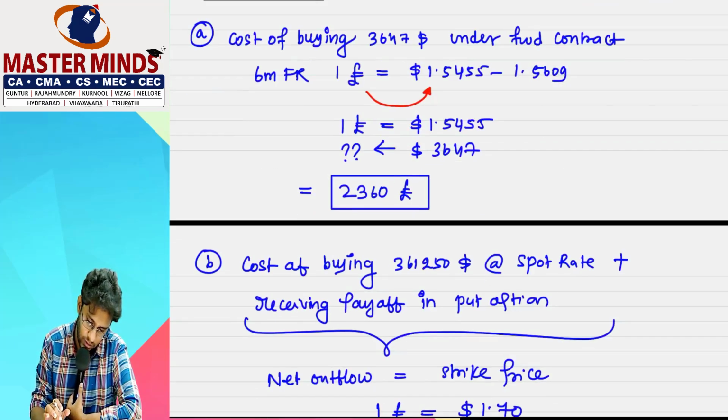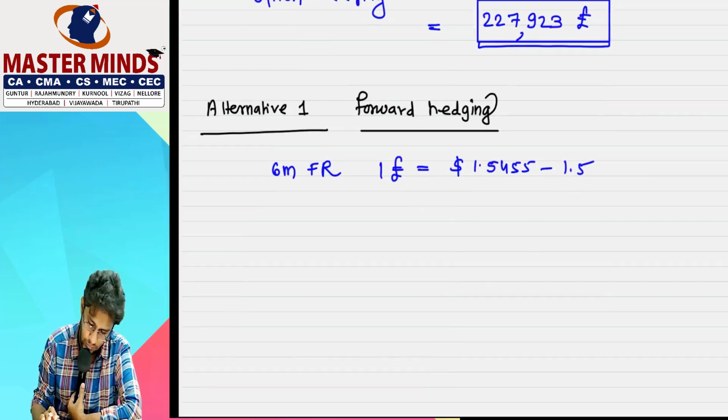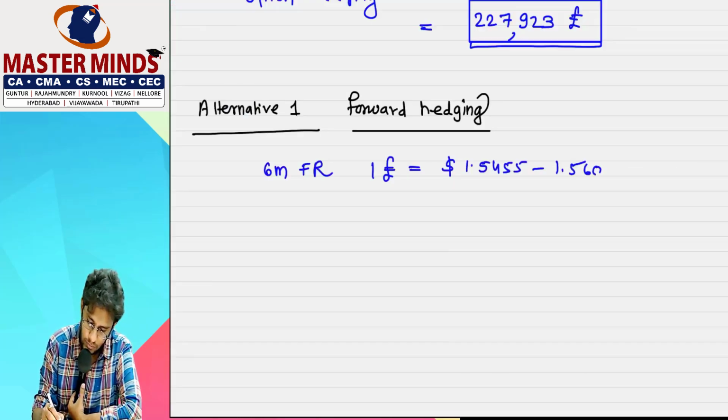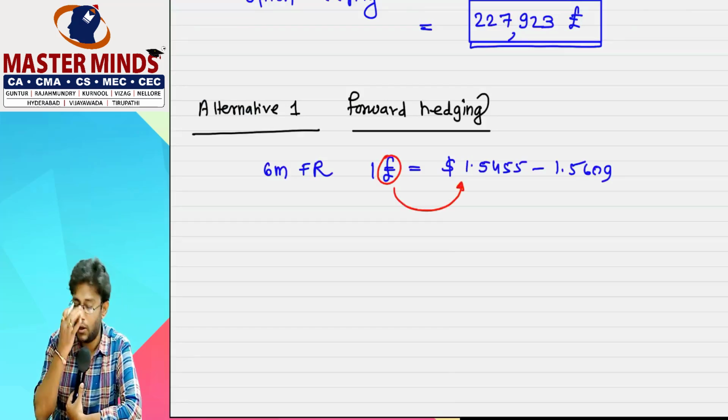No, not that. 5455. If you want to draw the diagram, I'm not drawing. Bid rate gets selected, sir.